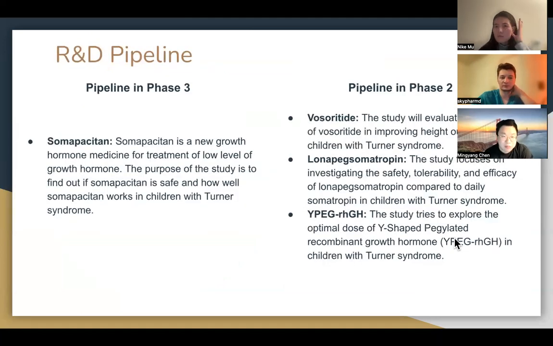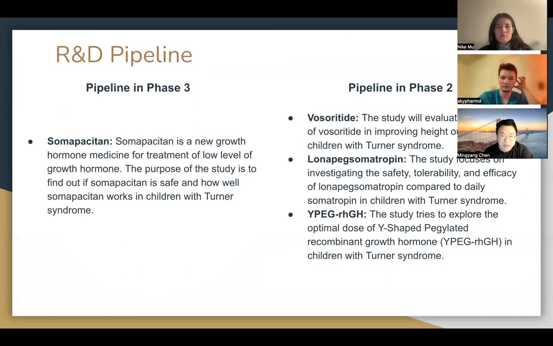For the R&D pipeline, somapacitan is in phase 3. Somapacitan is a new growth hormone medicine for the treatment of low levels of growth hormone. The purpose of the study is to find out if somapacitan is safe and how well it works in children with Turner syndrome. And there are 3 pipelines in phase 2. First is vosoritide.